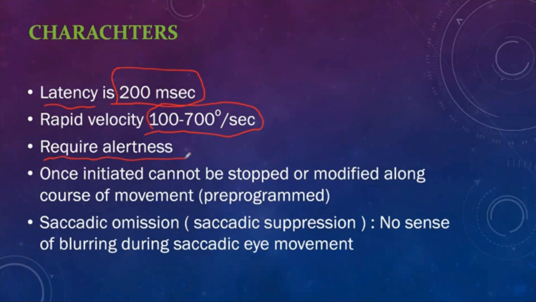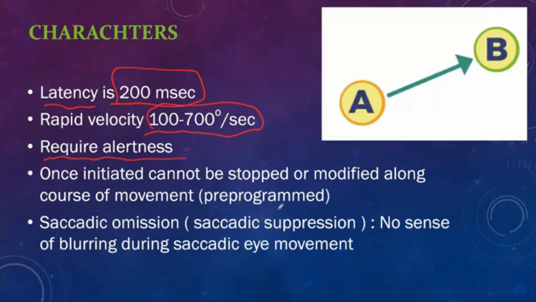There is a unique feature regarding saccadic eye movements: once it is initiated, you cannot stop it or modify it, as it is a pre-programmed movement. For example, if I place this photo in front of you and ask you to look from A to B, and you are now looking at point A, then I ask you to look at point B. You can't stop in the middle.